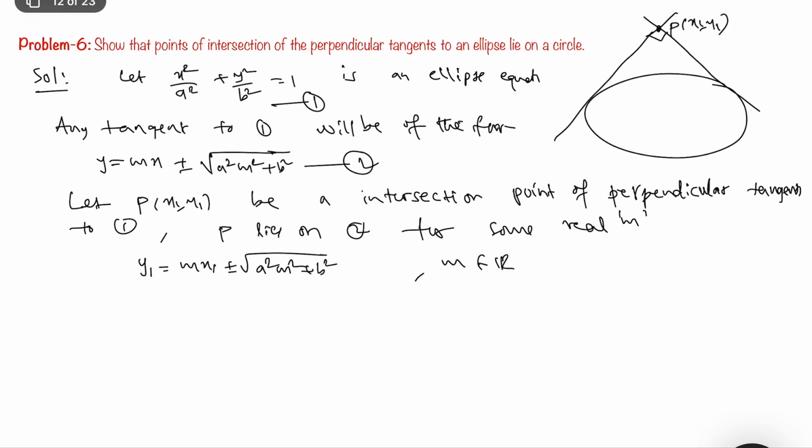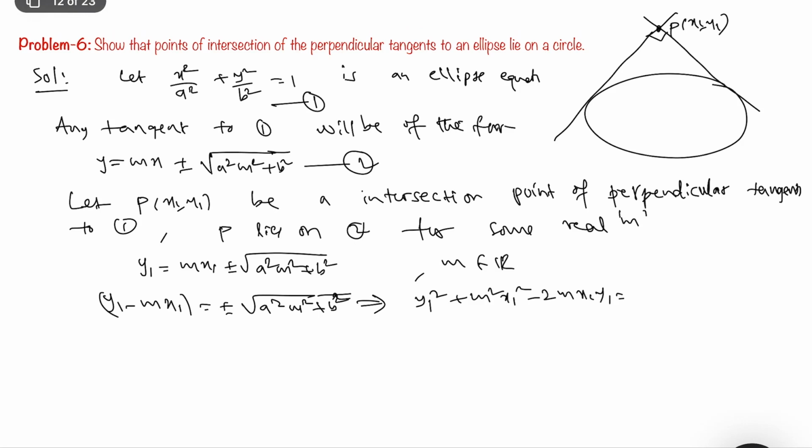Anyway, from this we can write y1 minus mx1 equals plus or minus under root a square m square plus b square. If I square both sides, then we will have y1 square plus m square x1 square minus 2m x1 y1 equal to a square m square plus b square.